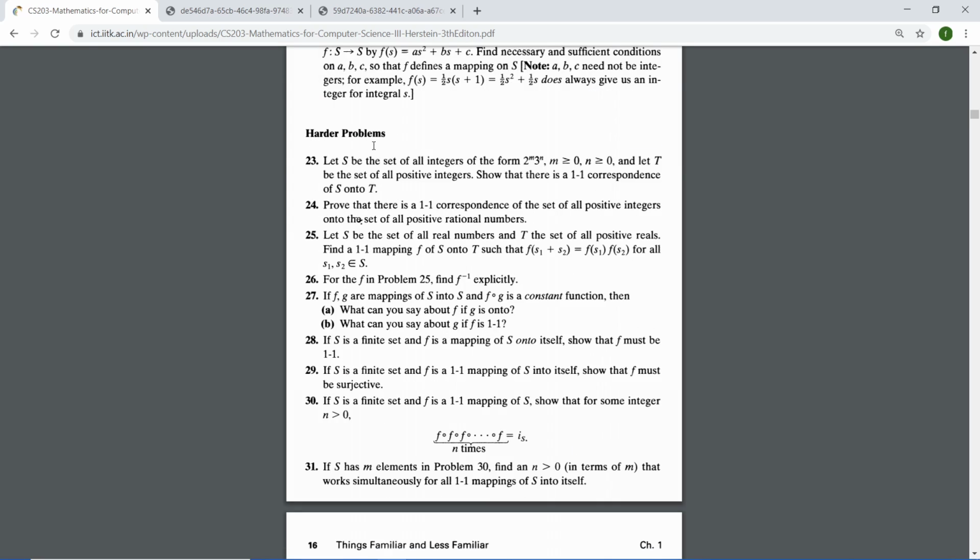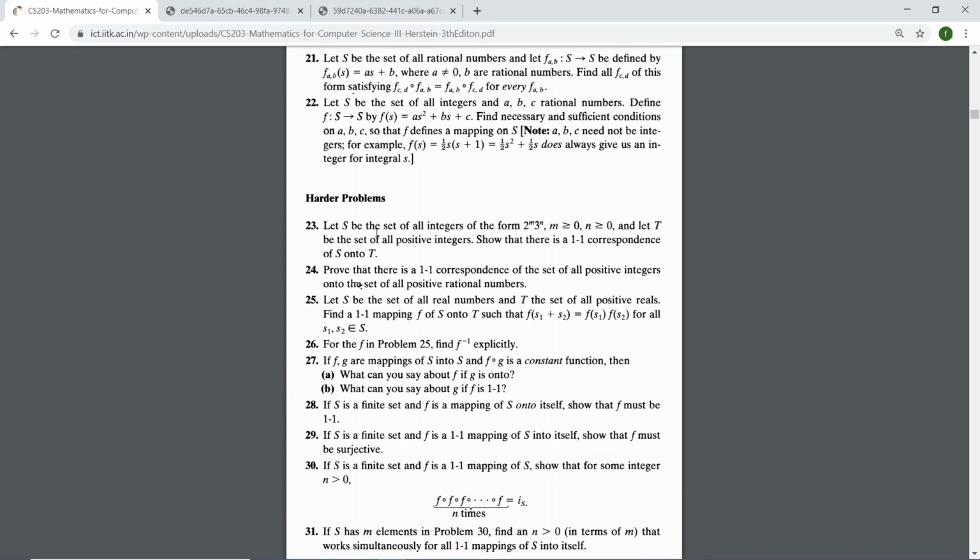Now to the harder problems. Exercise 23, I kind of already did it. They asked me to show that there is a one-to-one correspondence of S onto T, and the function is 2 elevated to m times 3 elevated to n.